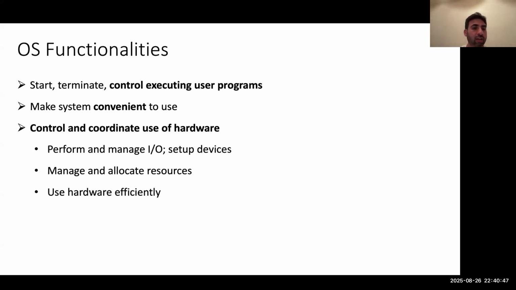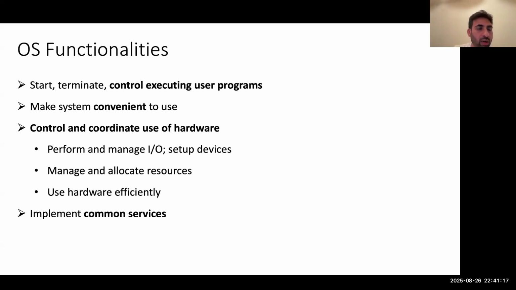And not only that, the job of the operating system is not only to control and coordinate the use of hardware, but its job is also to do that in an efficient way. When we say an efficient way, it means in a way where there is no wastage of the resources, and also the required job can be completed in the minimal amount of time, right? In the lowest latency.